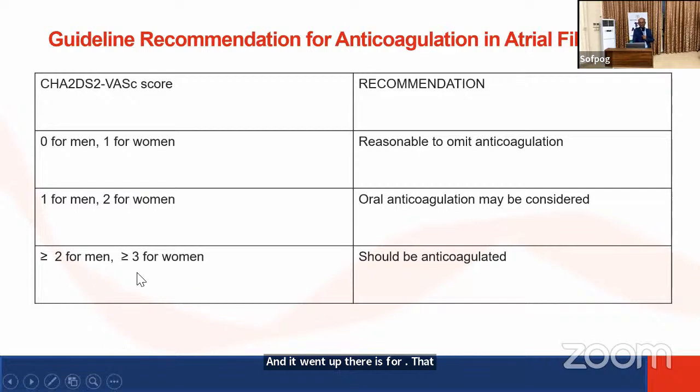If you get a woman whose score is 3 and above, it's anticoagulation. If you get a man whose score is 1 and a woman whose score is 2, oral anticoagulation may be considered. If you get a man whose score is 0 and a woman whose score is 1, it's reasonable to withhold anticoagulation. So this is the criteria that you use to know whether your patient needs anticoagulation. You calculate the score, then you decide.